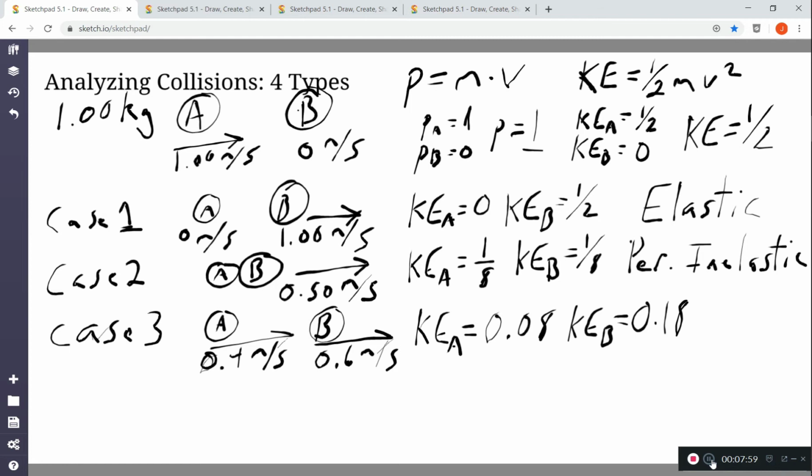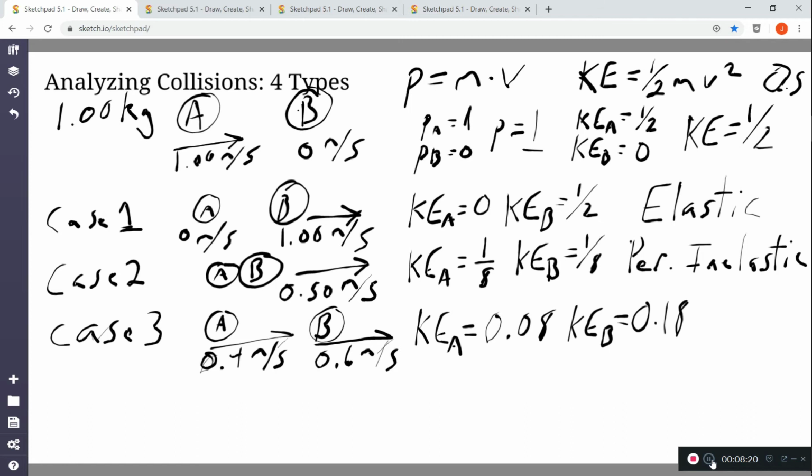So in a perfectly elastic situation, remember our kinetic energy was 0.5 joules. When we had case 2, we went down to 0.25. And in this situation, we have 0.26.